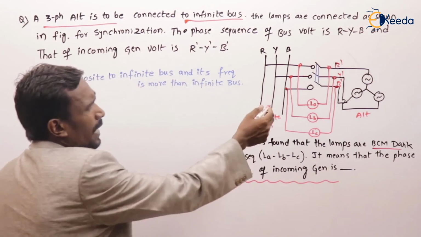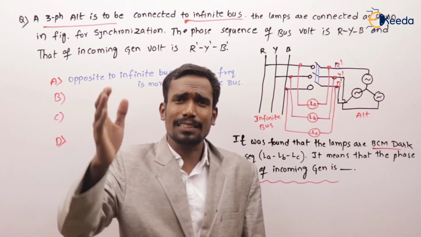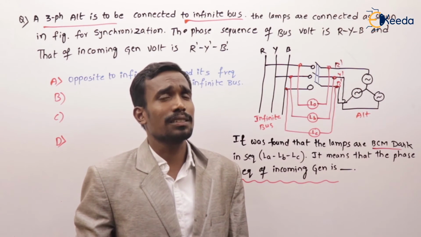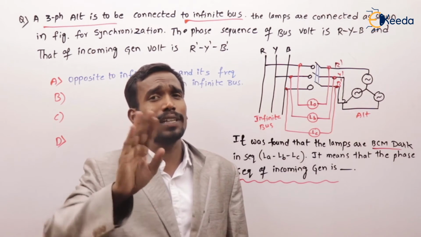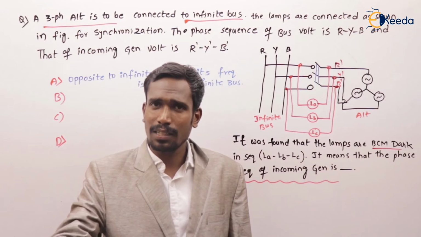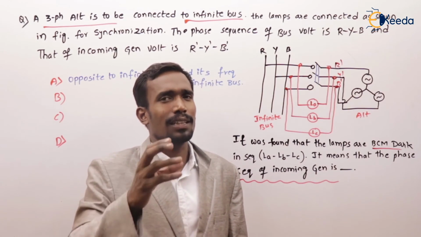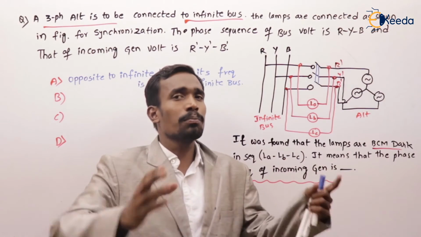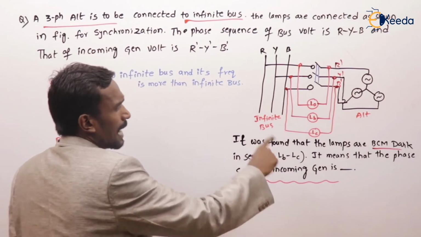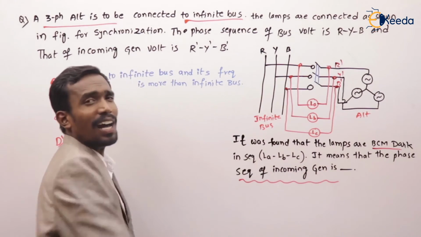Generally, when these are connected like this, if the lamps are simultaneously bright and dark, bright and dark, then both are in the same phase sequence. Yes or no? But here, these lamps are sequentially, A, B, C, becoming dark.